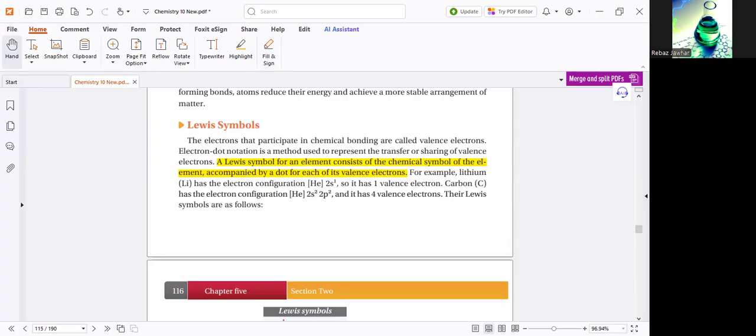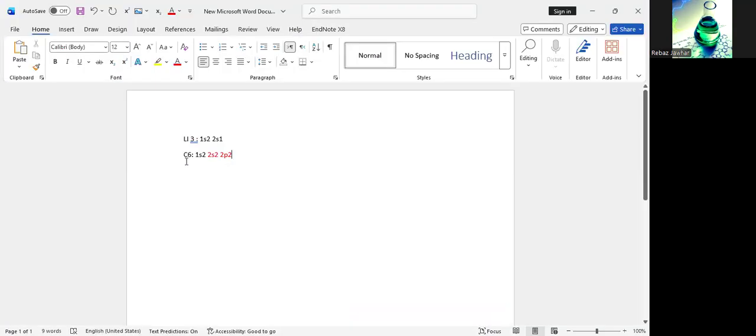For example, let me show you an example. Carbon has 6 electrons, right? We said that the valence electron for carbon is equal to 4. Why? Because it has 2s, 2p.